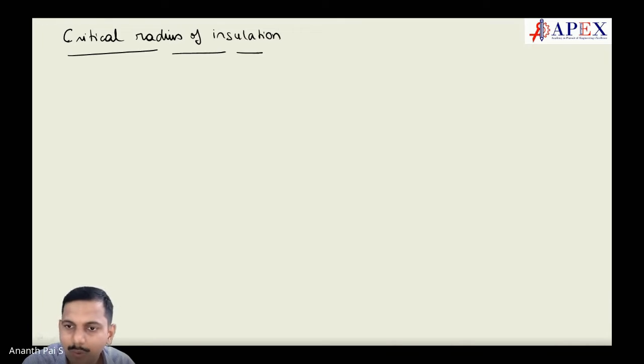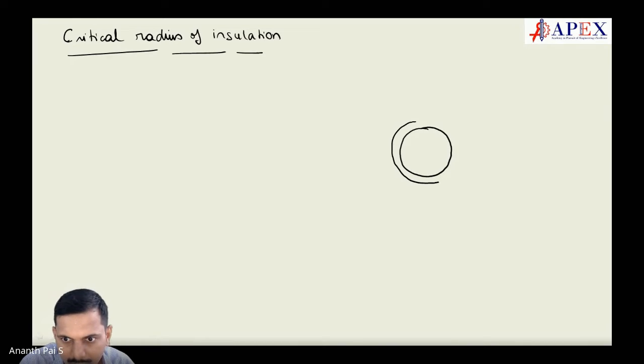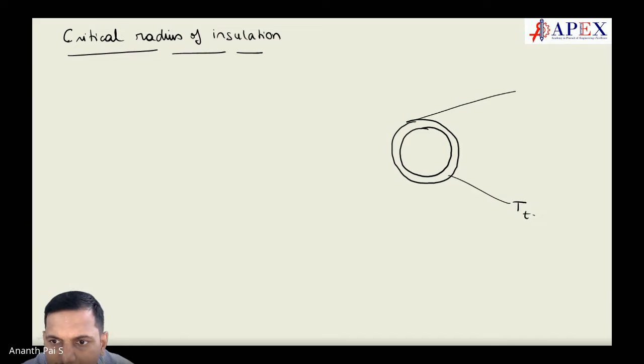Okay. So what happens? We have a tube. We have done very nice things last time, but now it's okay. Now we have a tube which has a temperature TT, the temperature of the tube. Okay. Now you have to insulate that. Maybe this tube is made out of cast iron or GI.